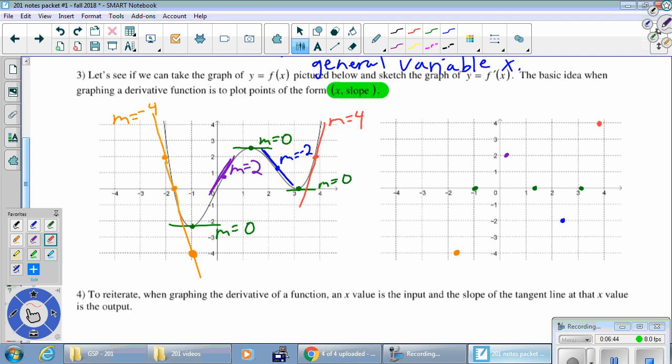And so now on the right-hand graph, this right-hand graph is supposed to be the graph of y equals f prime of x. And then we're just going to play connect the dots. So we just got to hit all these things here. Something like that. I'm actually going to exaggerate something. Let's try that again. So we come up here and then we go down and then we go up, something like that.